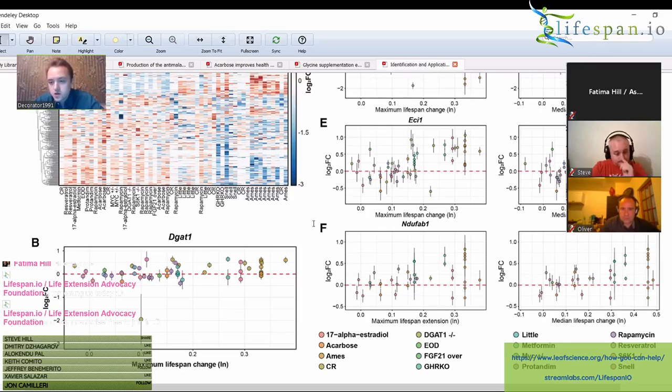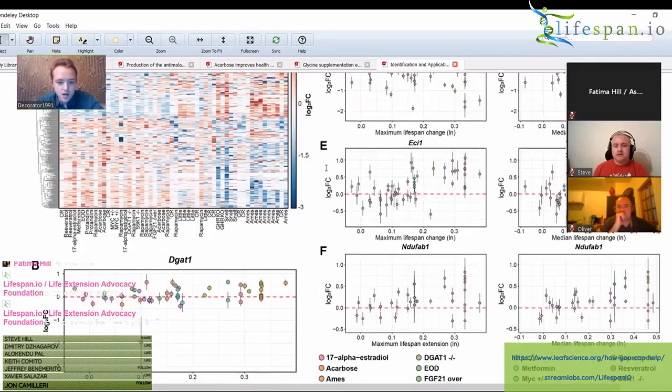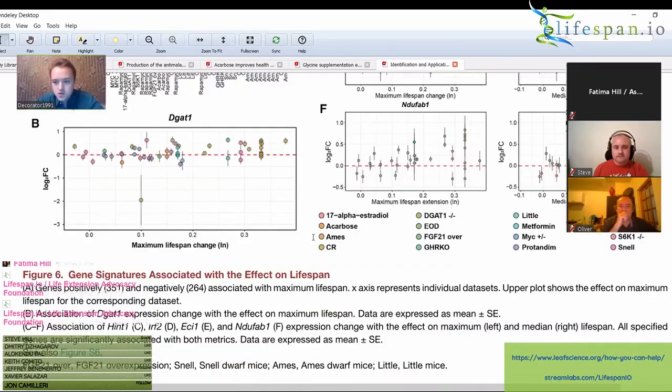So again, what we found here are not targets which you can manipulate to extend lifespan, but biomarkers. These are systemic biomarkers, not targets. So it seems that these are 2 different concepts.